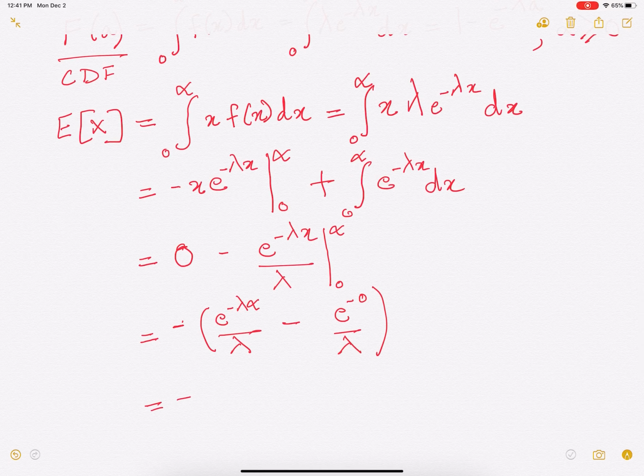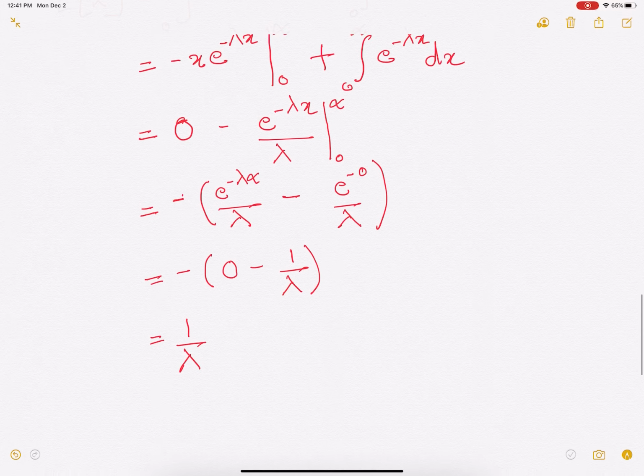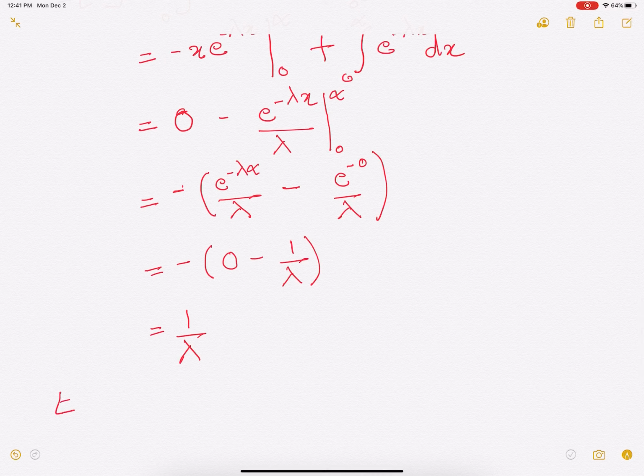So it's going to be 0 minus 1 by lambda, with the sign, which evaluates to 1 by lambda. Therefore, the expectation of the exponential random variable evaluates to 1 over lambda.